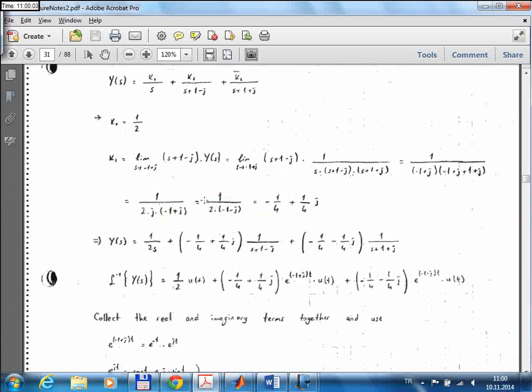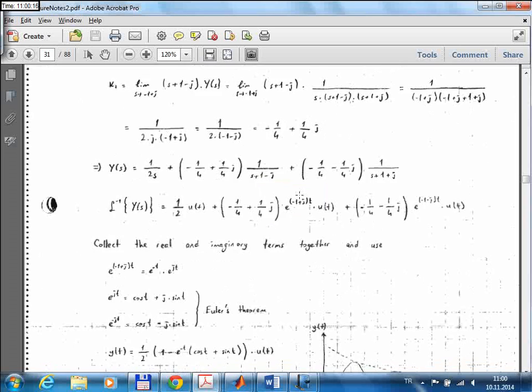That way you will have a real number on the denominator. The complex number is upstairs. So the residue turns out to be -1 over 4 plus 1 over 4 times j. Okay? So the residue for the complex conjugate pole is the complex conjugate of this one.